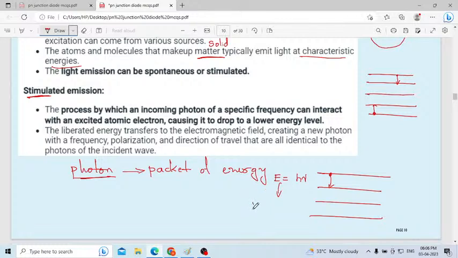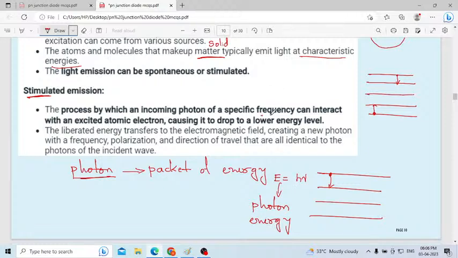This is the photon energy. Incoming photon of a specific frequency is h nu. h is the Planck constant, nu is the frequency. Then you have to give the energy at a particular frequency.